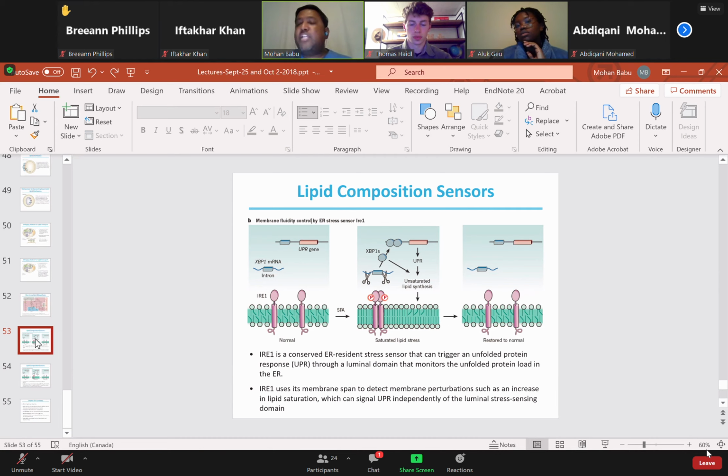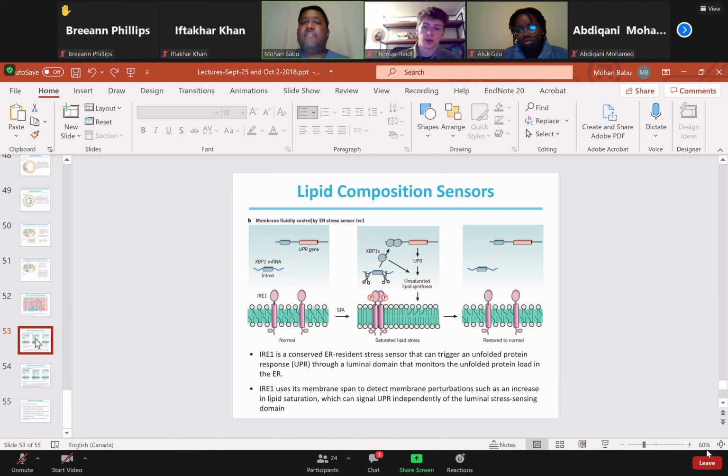Because that's where the exchange is happening, a lot of exchanges between organelles. Am I right? So IRE1's role is a sensor. It detects if there's a perturbation. The perturbation can happen because there's an oversaturation of lipids, or because there's a stress in the lipids. Do you understand?